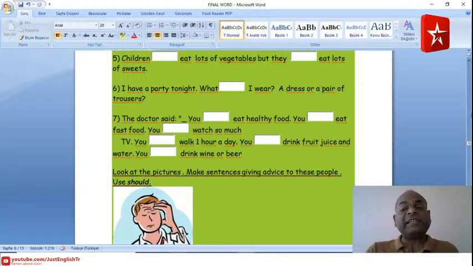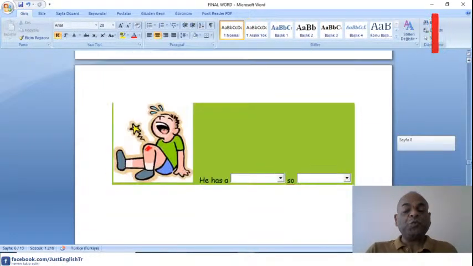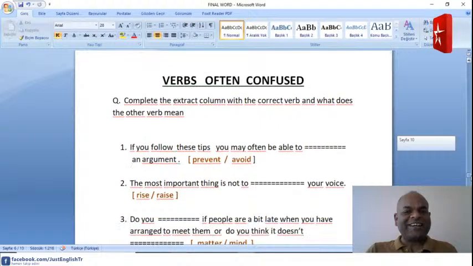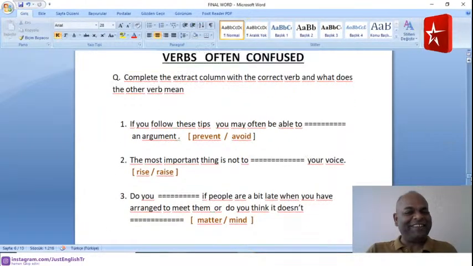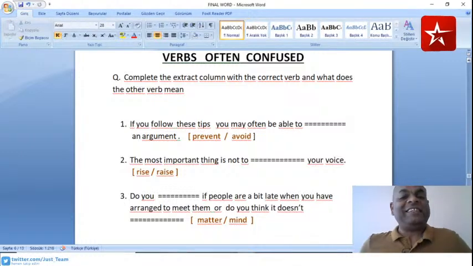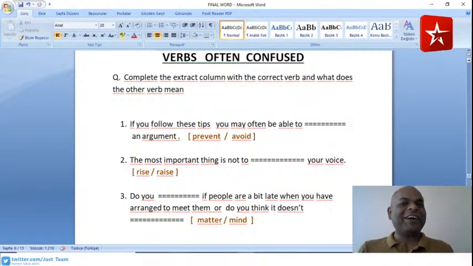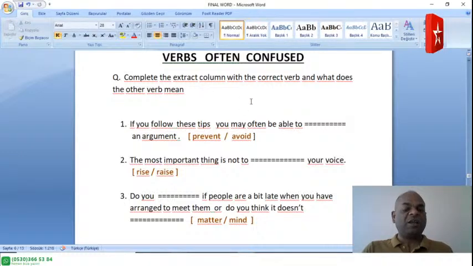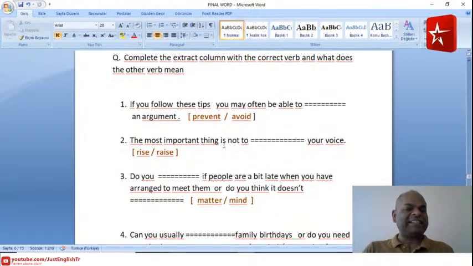Great. Now guys, let's go quickly to our verbs often confused, which confuse us. Alright guys, now get ready here. This is something interesting. And I want you guys to read this and let's do the answers together. Alright? Verbs often confused. Complete the extract column with the correct verb. And what does the other verb mean? Now let's do it fast.